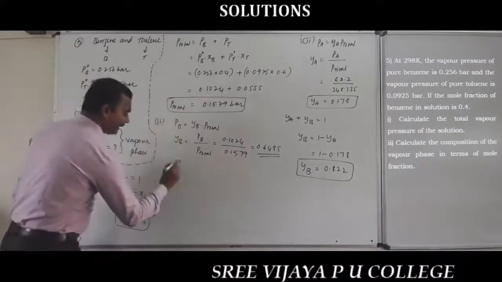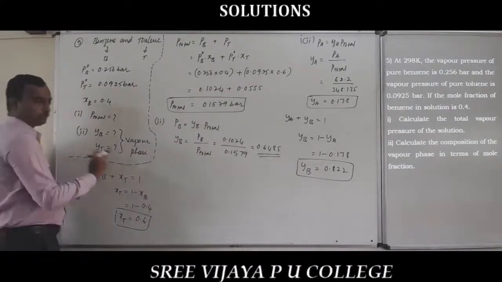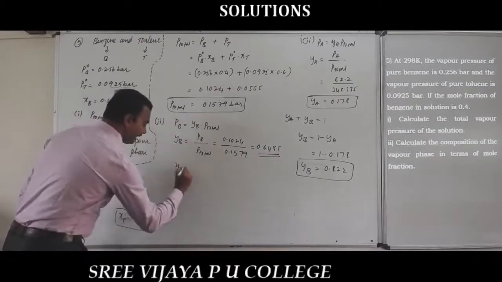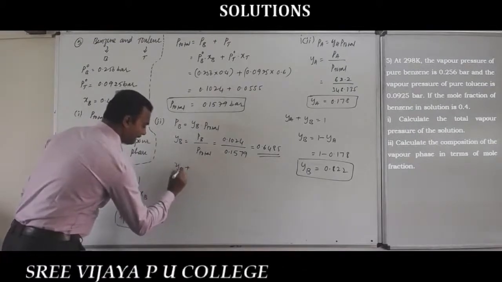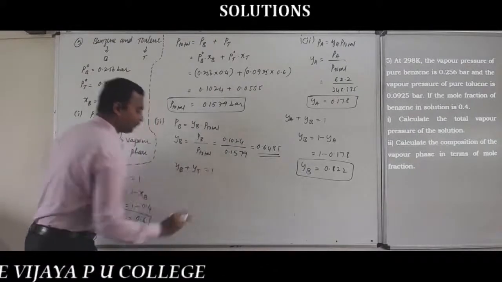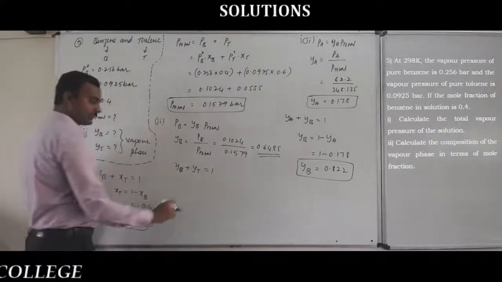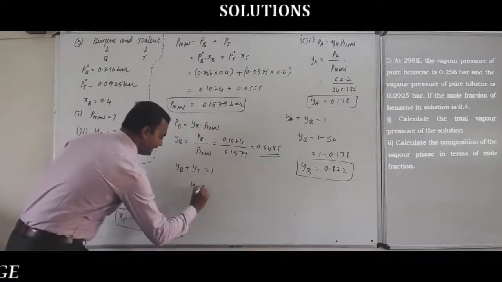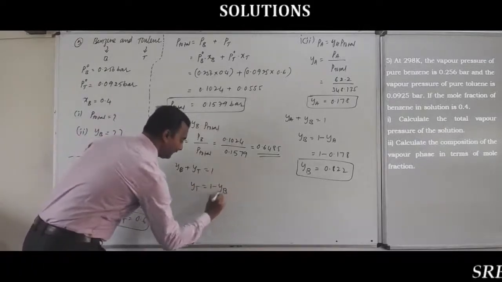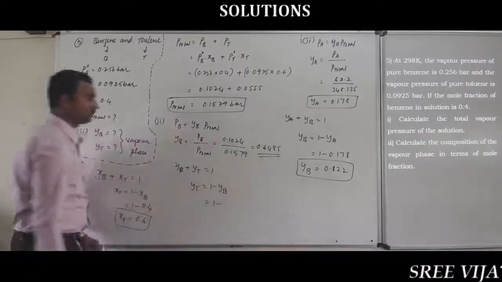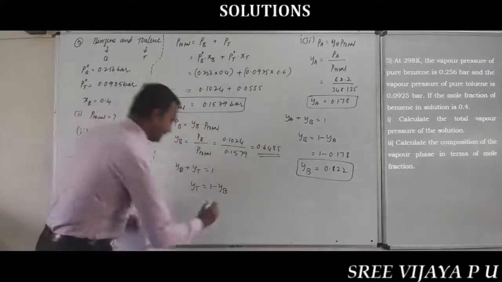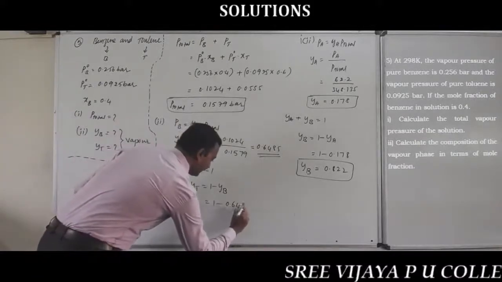Then we can calculate the other component T, the mole fraction in vapor. By using YB plus YT is equal to 1. The sum of the mole fractions of the components in any phase is always equal to 1. So therefore YT is equal to 1 minus YB. So that is equal to 1 minus 0.6485.